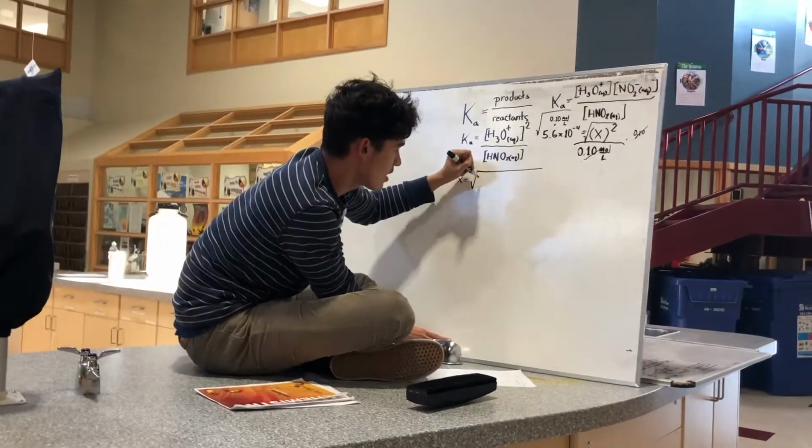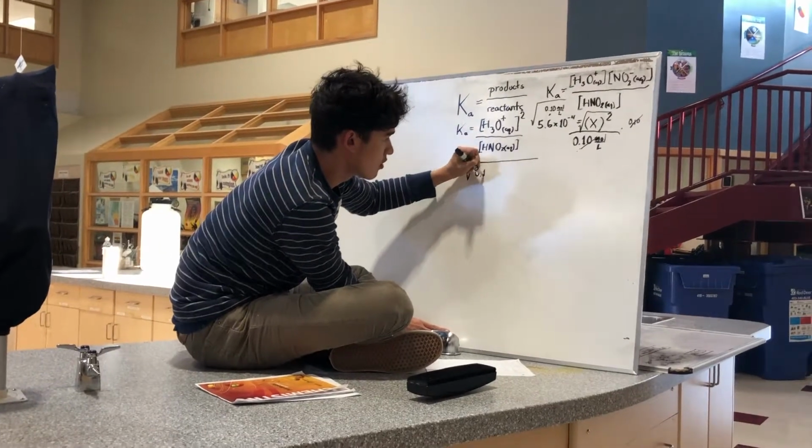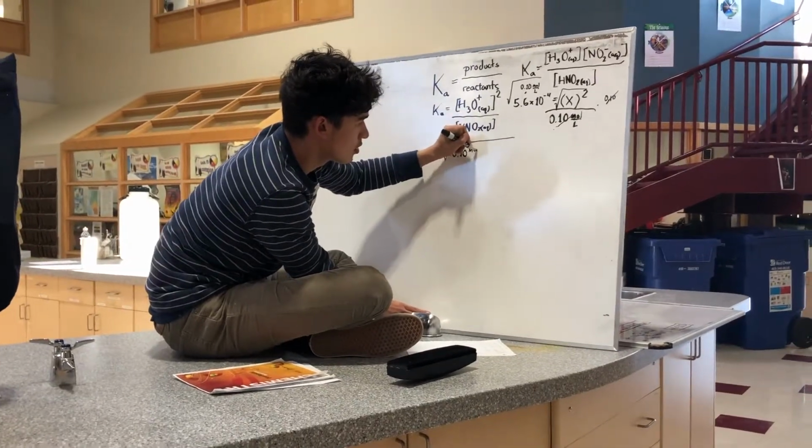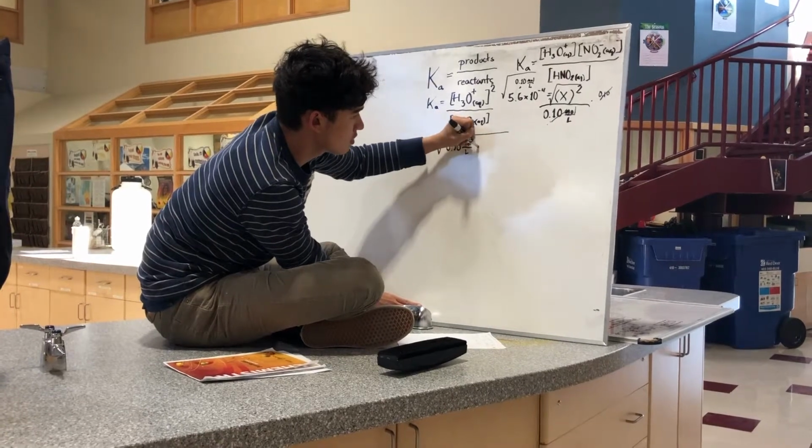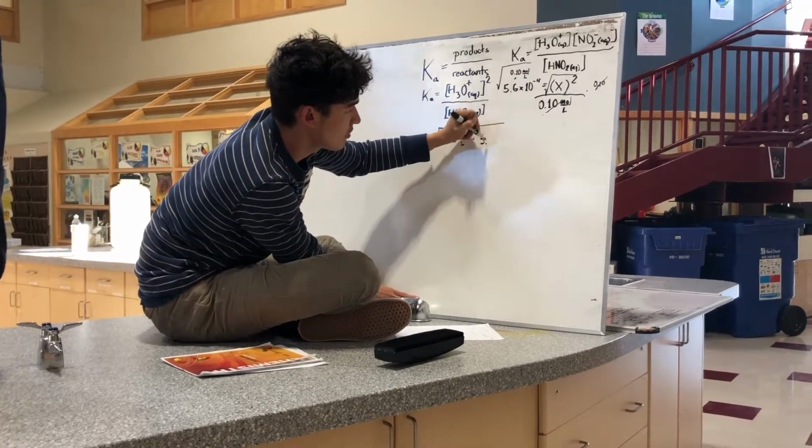So there we have our acid concentration multiplied by our Ka.